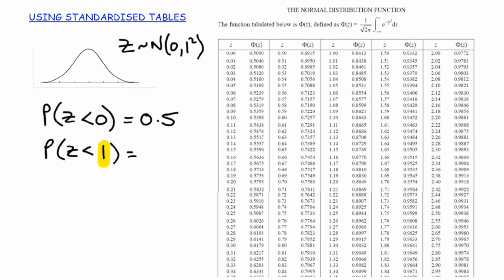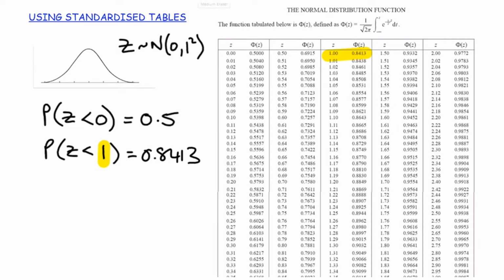So the Z score here of 1, I'm going to look up in the table, and that lets me know the probability that Z is less than or equal to 1 is 0.8413. So for any normal distribution, the probability that it's less than 1 standard deviation above the mean is what we just found, 0.8413. And that's just a little bit more accurate than our 68, 95, 99.7 rule.